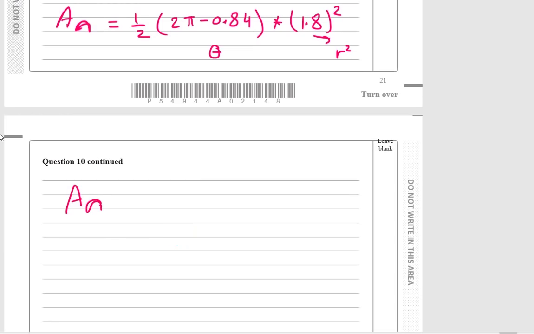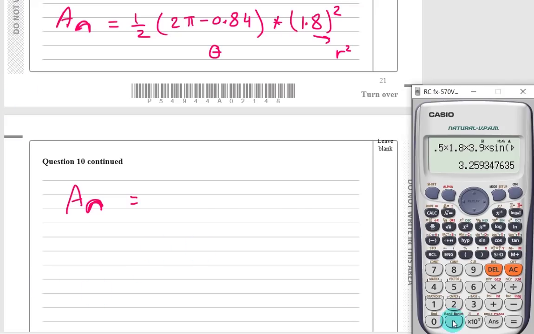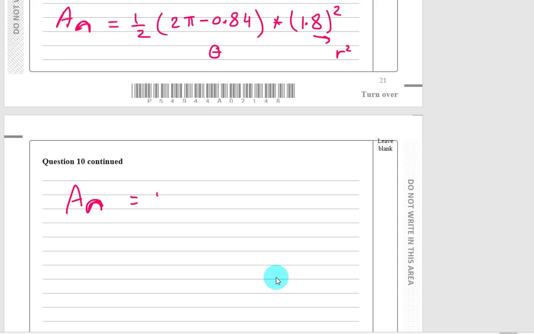So area of the sector will equal 0.5 by, in the bracket, 2 pi minus 0.84, by 1.8 squared, which is 8.82 meters square. So total area is equal to area of the triangle plus area of the sector.